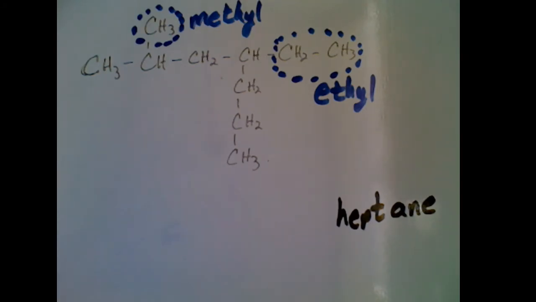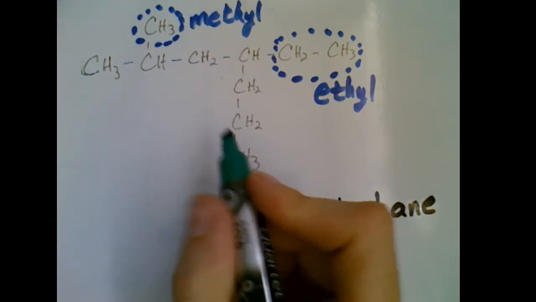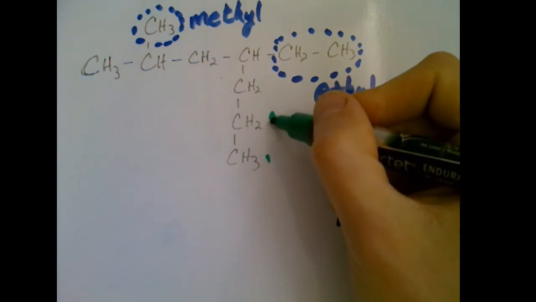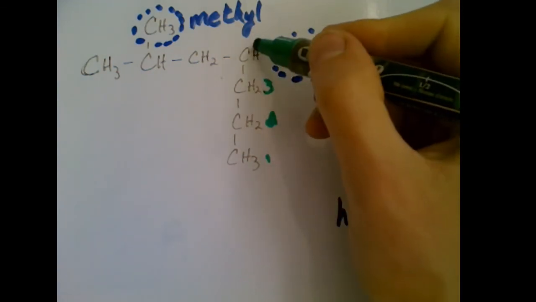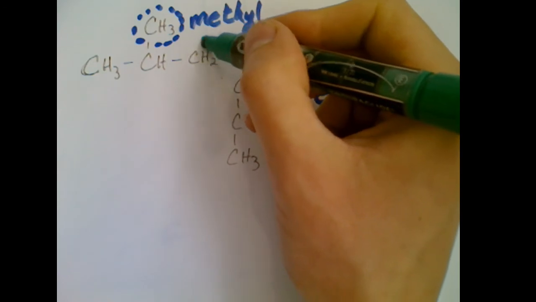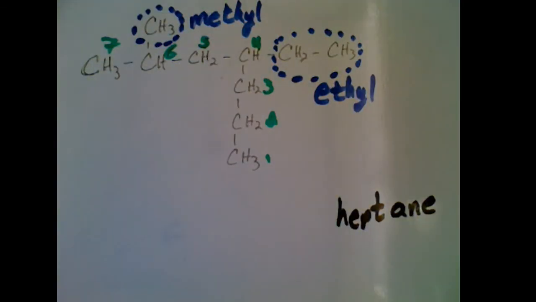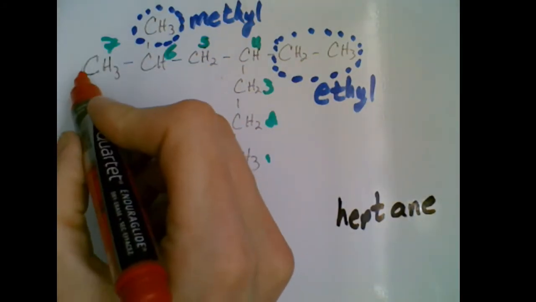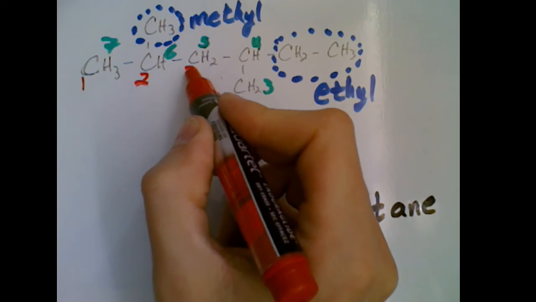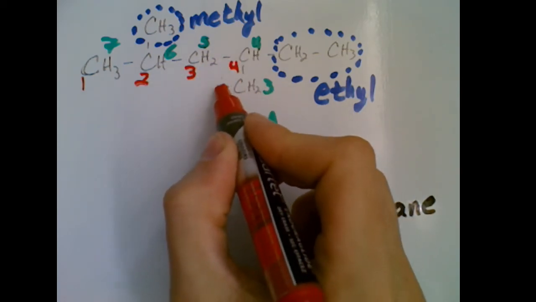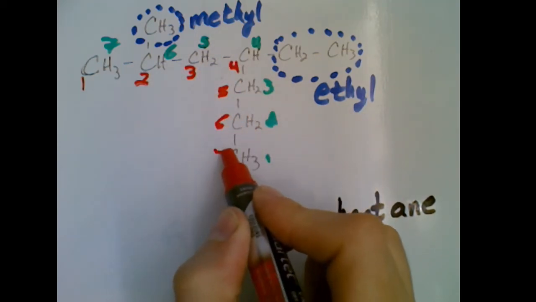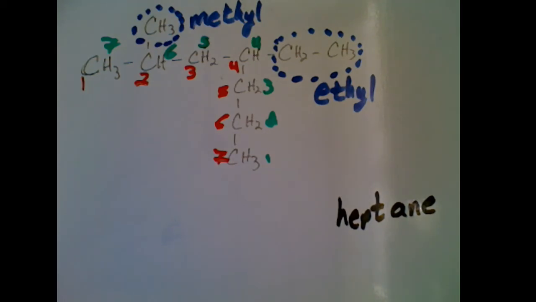So we could number this going carbon number 1, carbon number 2, 3, 4, 5, 6, and 7. We could also number it going 1, 2, 3, 4, 5, 6, and 7.